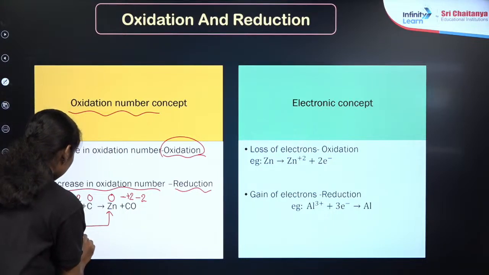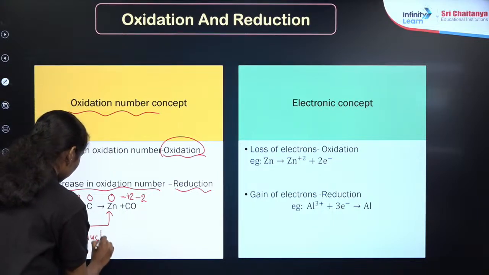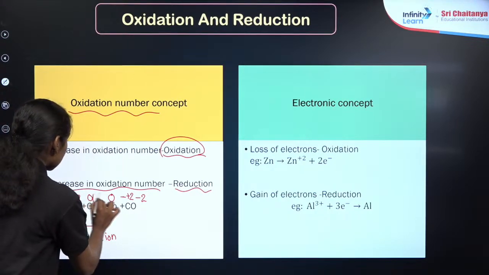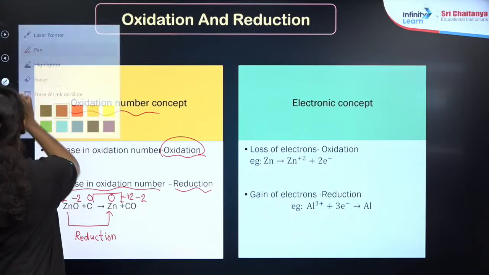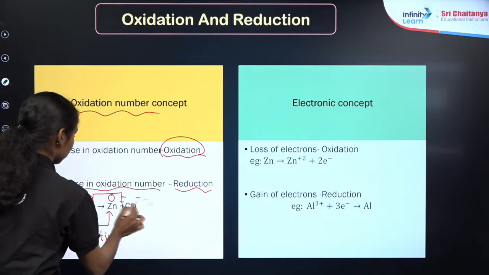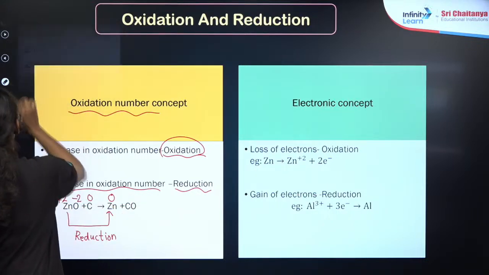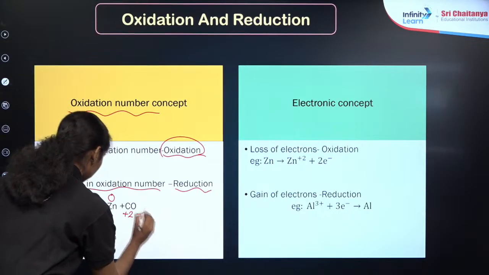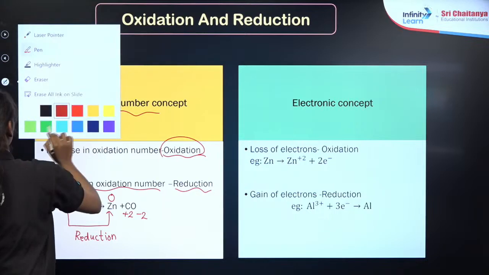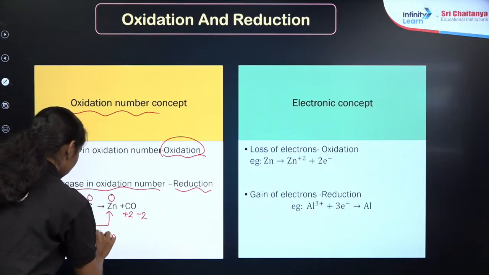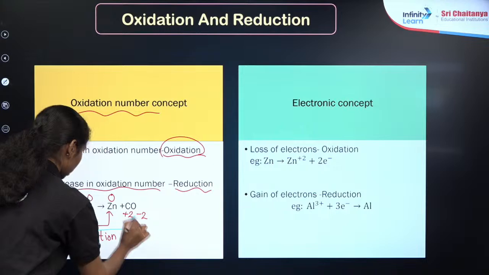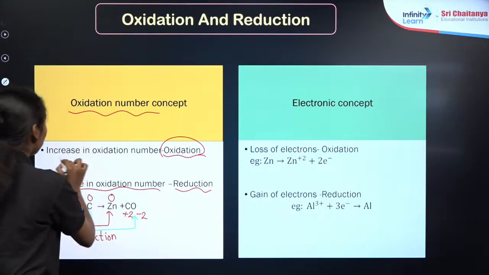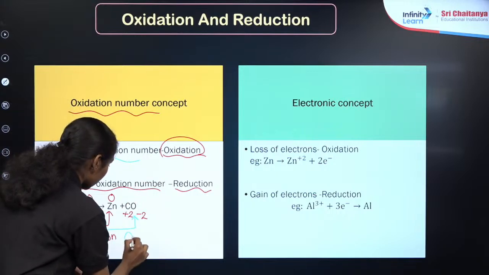Here zinc gets reduced. Then what about the carbon? Carbon is changing its oxidation number from 0 to plus 2, which means the oxidation number is increasing, so it undergoes oxidation. Clear?